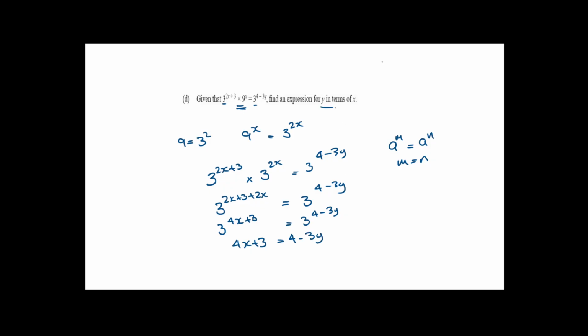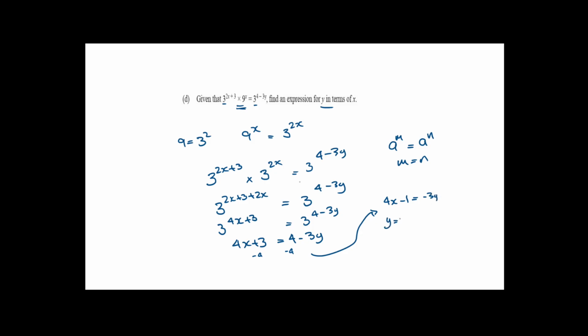And we want y in terms of x. So let's bring this 4 over. So take 4 away. So 4x minus 1 equals -3y.